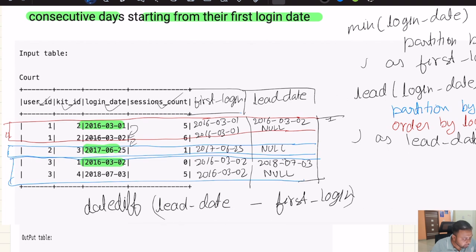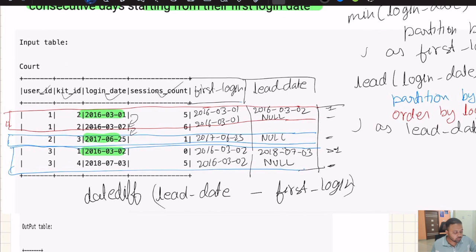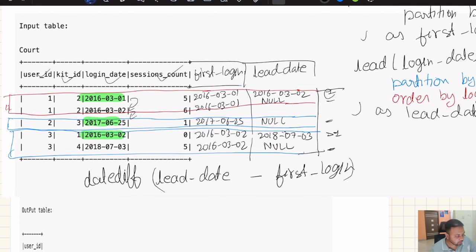But this cannot be calculated, so this will be some dummy value. This will also be some dummy value. Here it will come as some days, but greater than 1. So in this way, if we just filter the rows where the date difference is equal to 1, we will get the correct result or not.